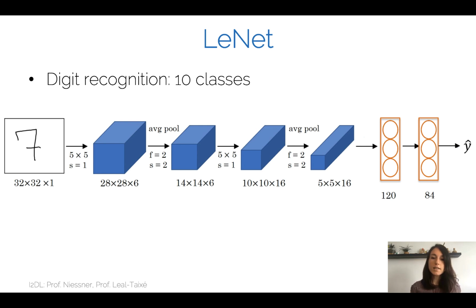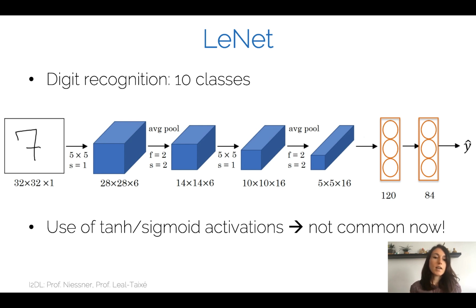These take this input of 5 by 5 by 16 and reduce it slowly until it reaches the 10 classes as output. This is a common practice, because if you take the whole 5 by 5 by 16 and reduce it directly to 10, this is too much of a reduction. It's better to go step by step, reducing it first to 120, then to 84, and then to 10 classes.